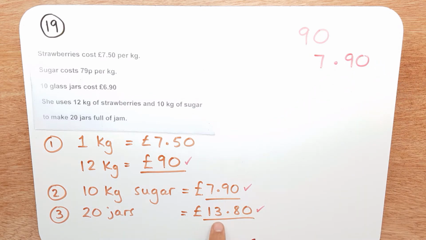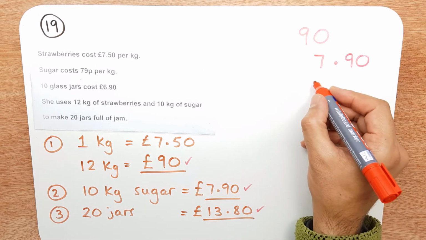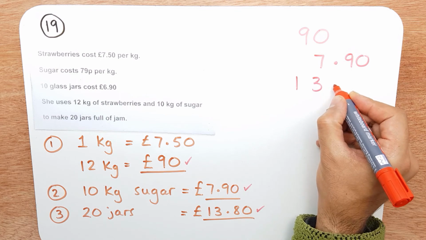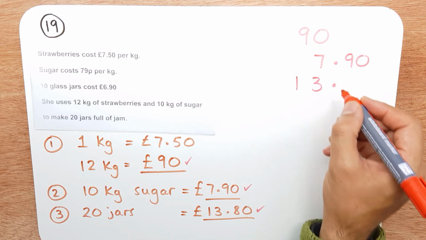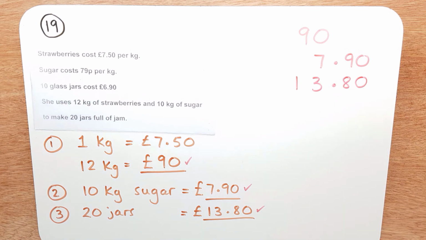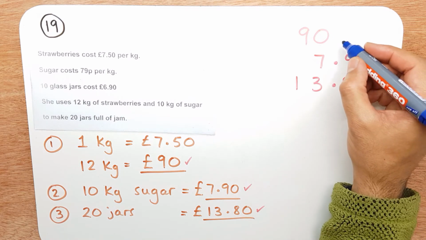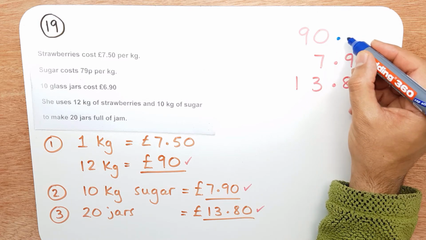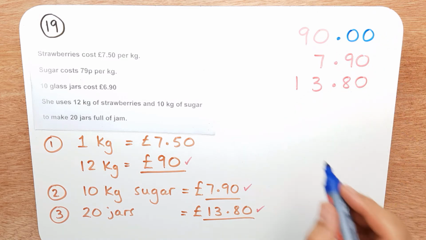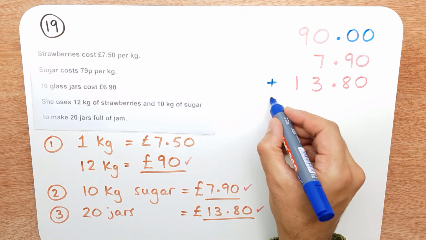And this is £13.80. So you have to be careful again. £13, the decimal point goes there, and 80 goes here. Now to help me, I'm going to put in the decimal point and add these 2 helpers. So I'm simply going to add all these.